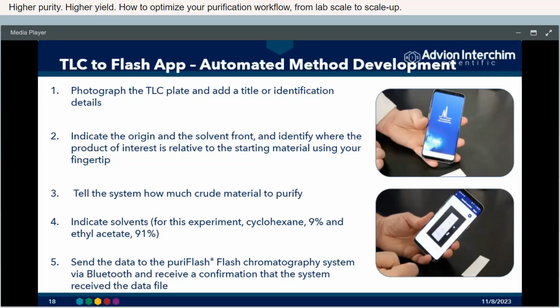You're going to tell the system how much crude material you have to purify, identify the developing solvents for the TLC. So for the experiment we'll show, it's cyclohexane and ethyl acetate, 9 to 91. And then you can send that developed application to the PureFlash, and it will develop a gradient for you.